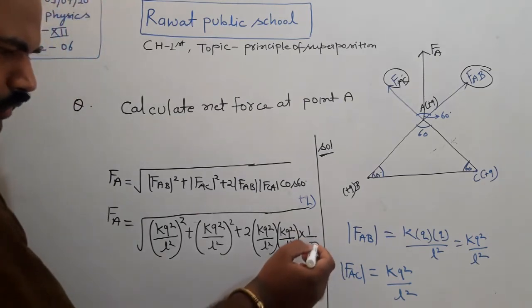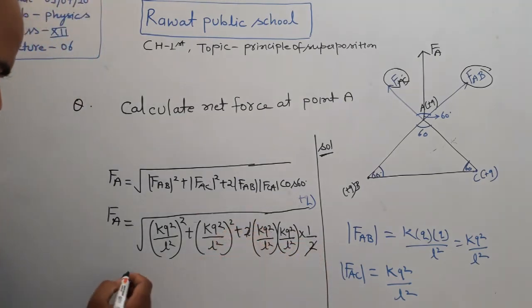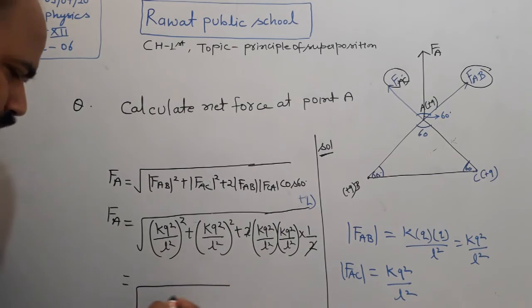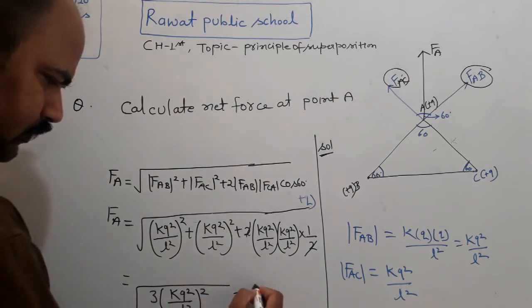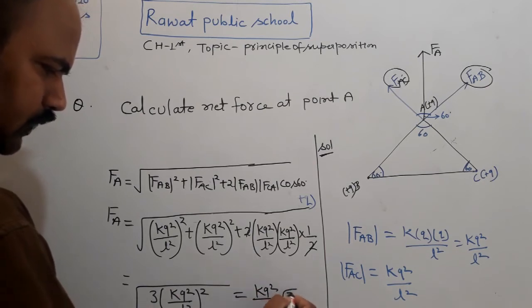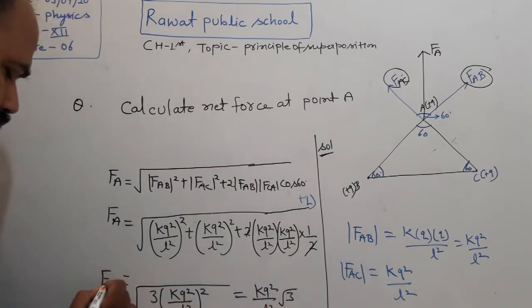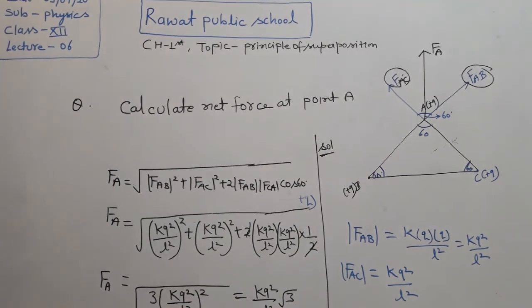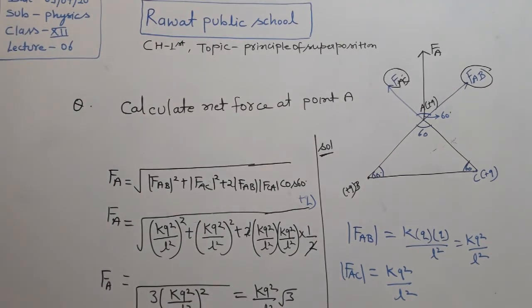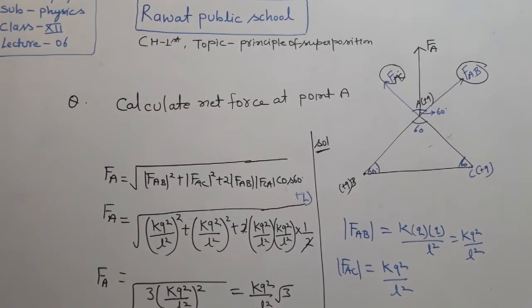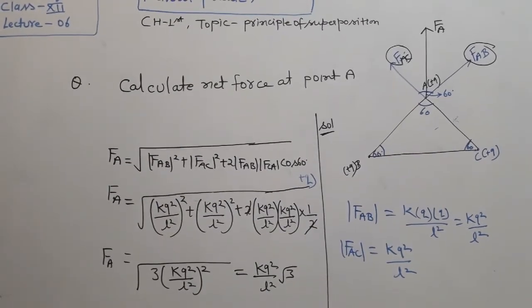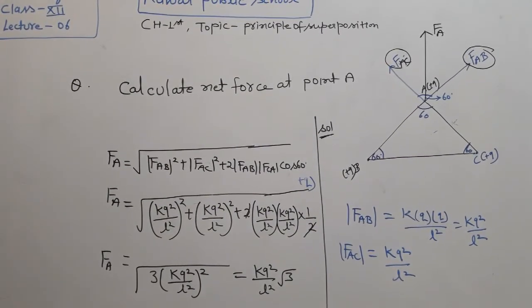Cos 60 is 1 by 2. The 2 cancels. So by solving we get 3 times KQ square by L square whole square. Final answer is KQ square by L square root 3. This is the net force at point A. Clear?